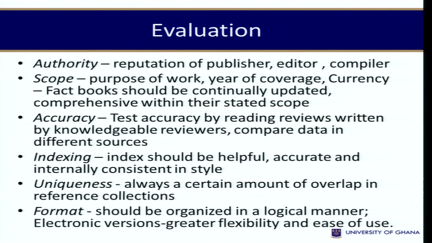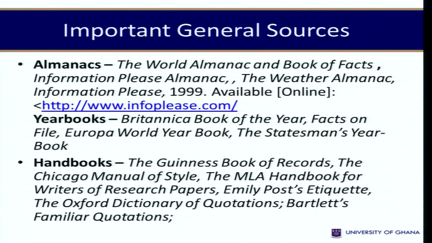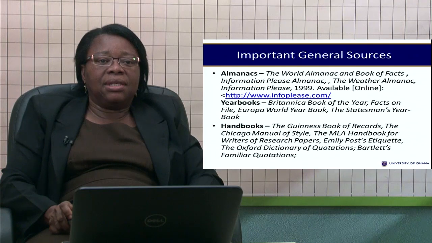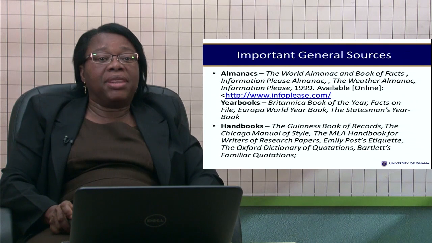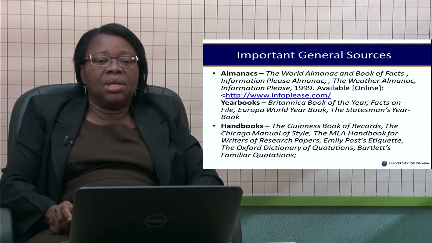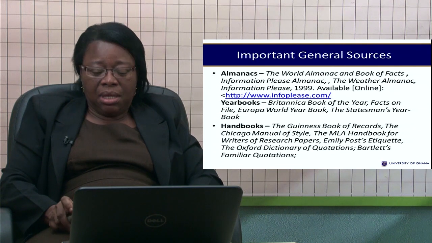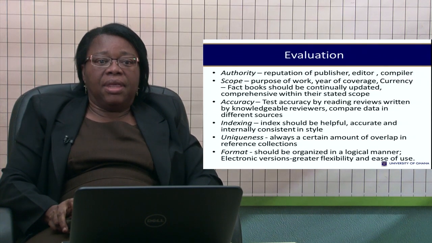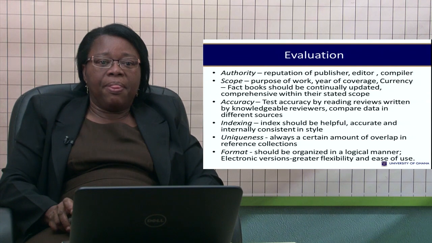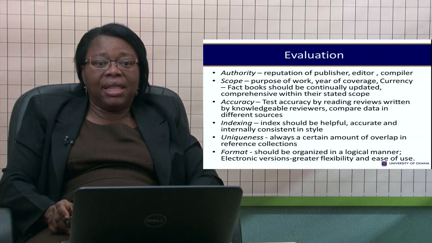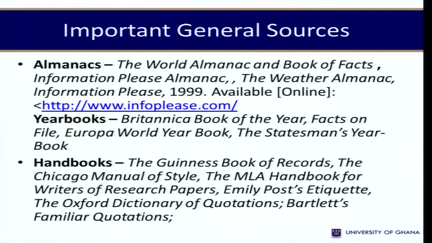You need to look at the format of these fact sources. These are the 3 important criteria for selecting fact sources, but there are others. But whenever you look at fact sources, look at the authority, the accuracy, and the format. Others are also included.